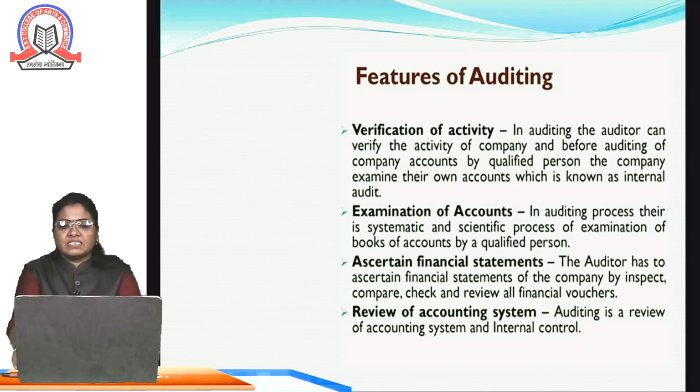Ascertain financial statements. The auditor has to ascertain the financial statements of the company by inspecting, comparing, checking and reviewing all financial vouchers. This is also done by the latest technology or software. The time consumed will be less.